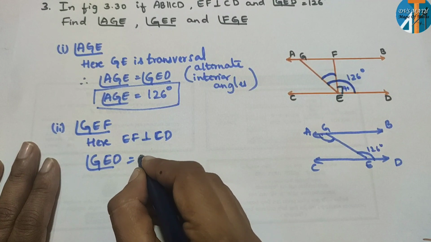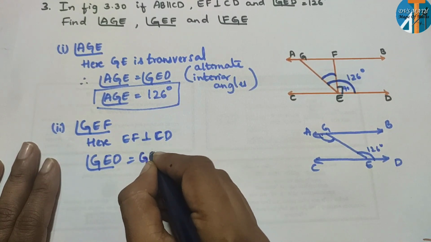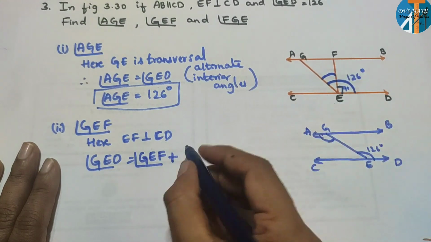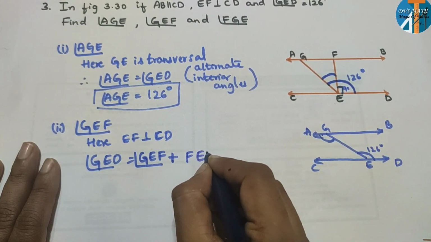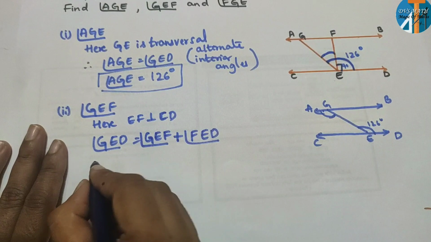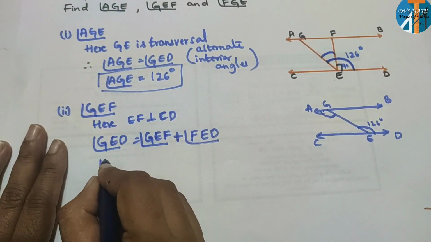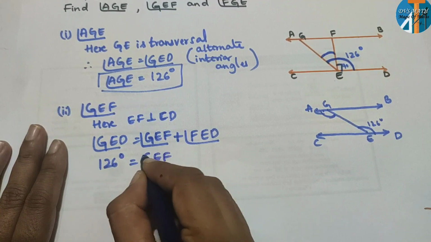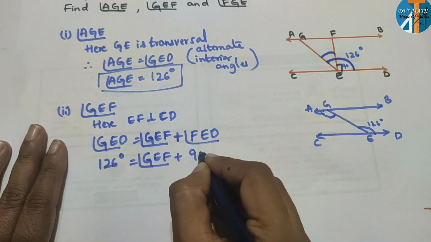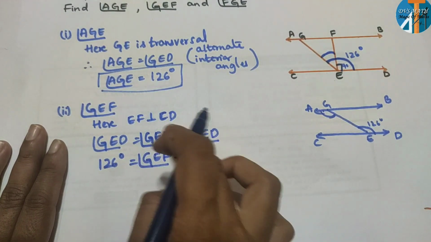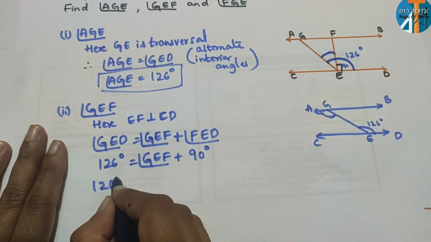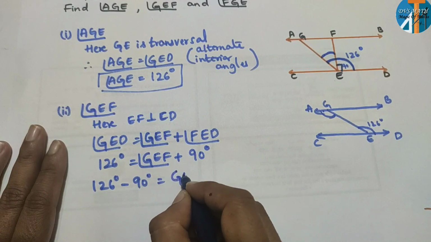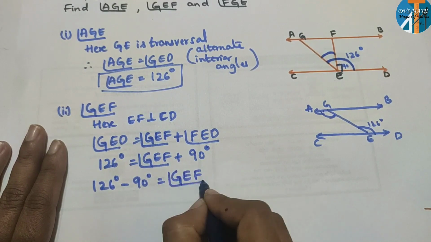Okay, so here I can write it as GEF plus FED. Now GED, what we got? 126 degrees is equal to GEF, which you don't know, keep it as it is, plus FED, which is 90 degrees. So take 90 degrees to this side. 126 degrees minus 90 degrees is equal to GEF.